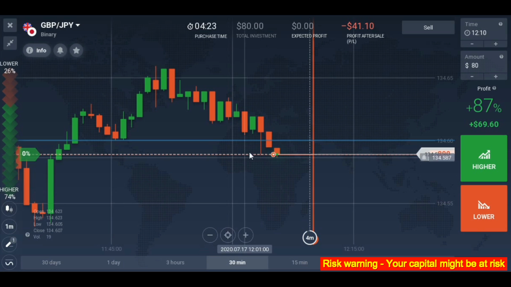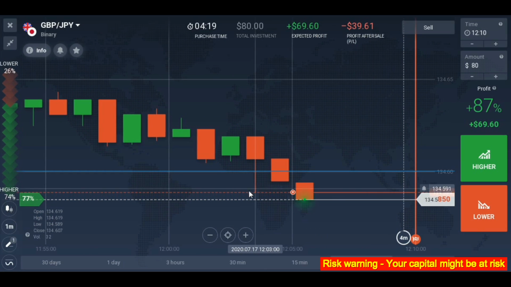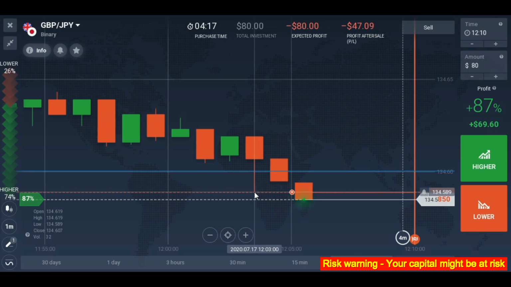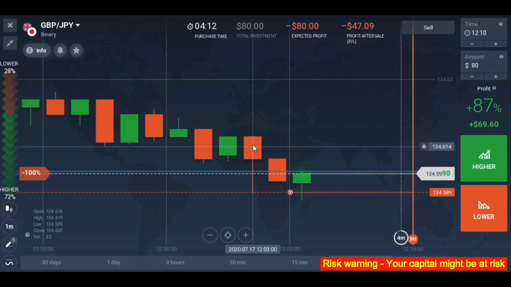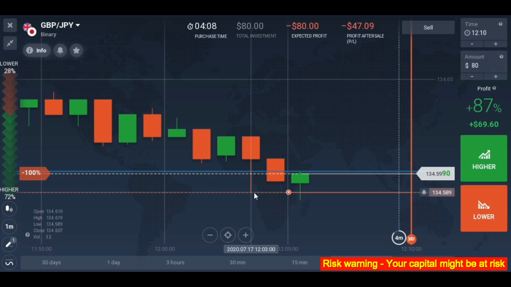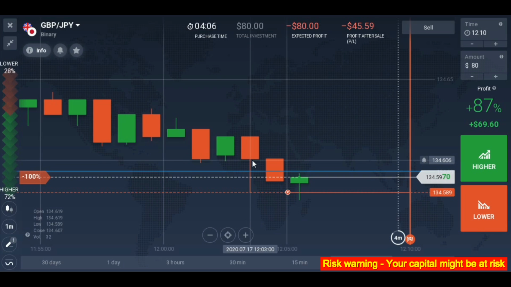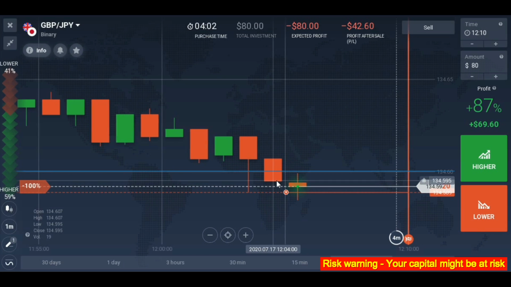As you can see, this is a wick. This wick shows the strength of the seller, but on the other hand, it also shows the strength of the buyers. So sellers pushed the market in the downward direction till this level. Buyers made it reverse again, but again the seller entered and made the market move till this level.